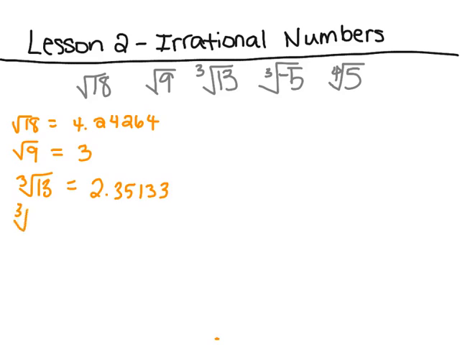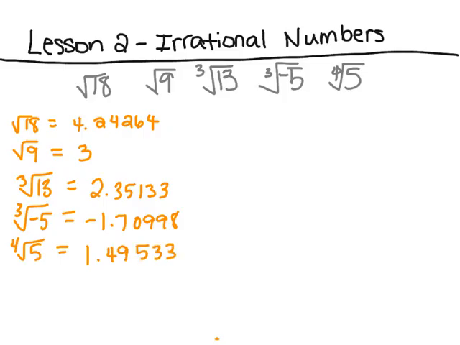The cube root of negative 5, once again type it into your calculator, you should get negative 1.70998. And the fourth root of 5, 1.4953. So now you're going to put these in order from least to greatest.